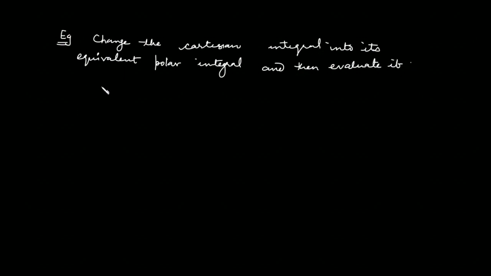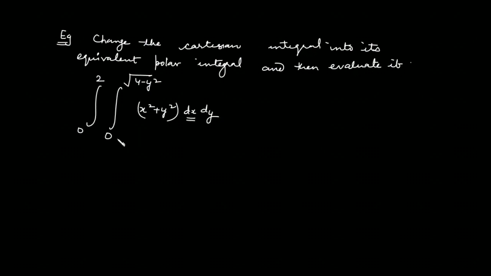So the question is integral 0 to 2, 0 to square root of 4 minus y square, x square plus y square dx dy. So first of all we sketch the region.